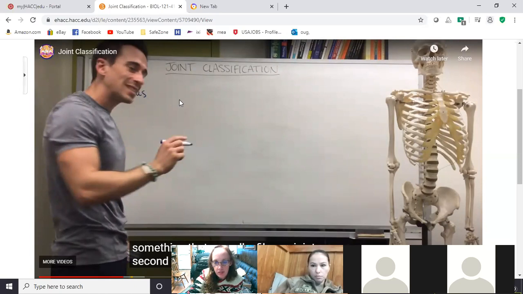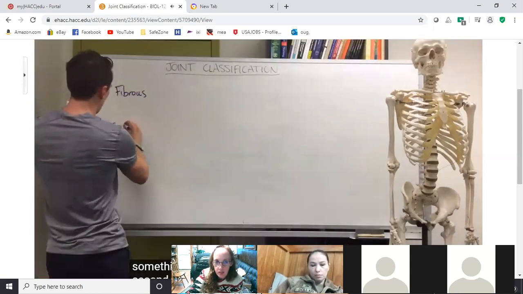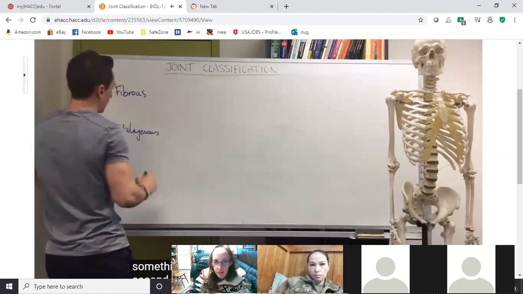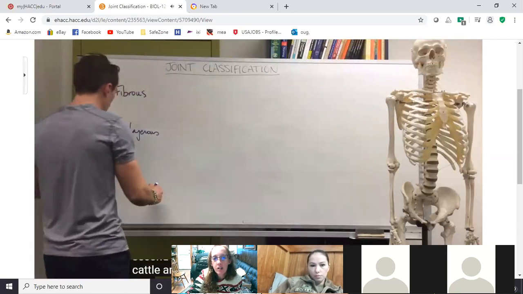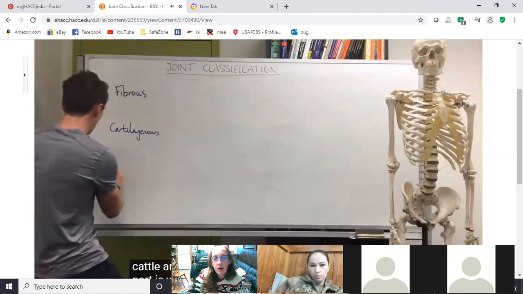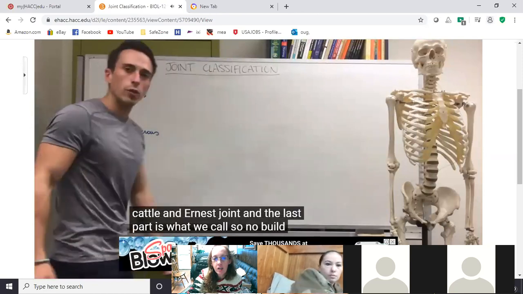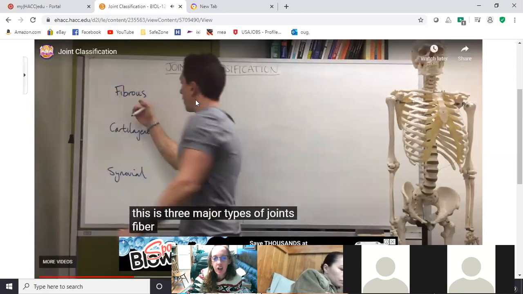Yeah, diarthrosis. Okay, second type is what we call a cartilaginous joint. And the last type is what we call a synovial joint. So these are the three major types of joints.